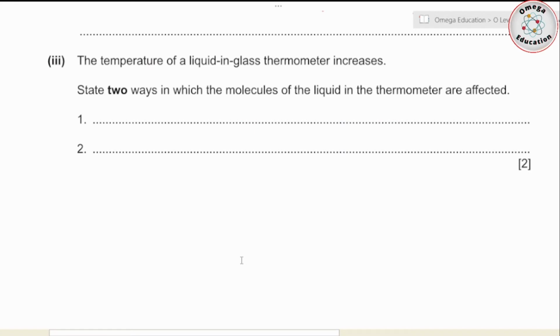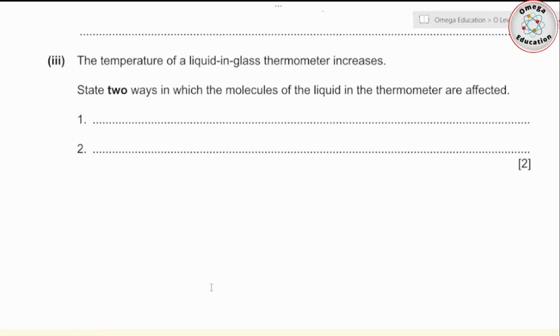The temperature of a liquid in glass thermometer increases. State 2 ways in which molecules of the liquid in thermometers are affected. So what we're doing is that the temperature of the thermometer is being increased. What would be the effect of that increase in temperature on the molecules of the liquid?